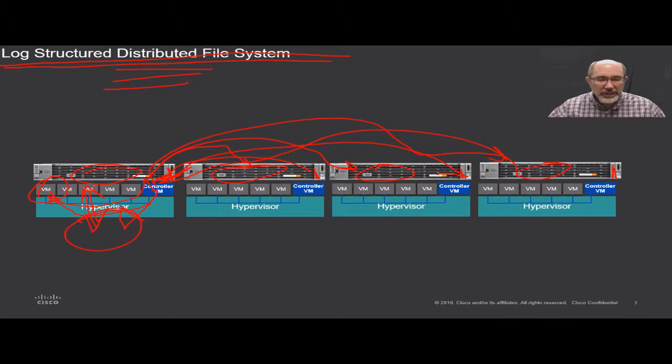So let's say this VM needs to be moved to another host for maintenance purposes or balancing purposes. Who knows why you might want to move it. But the whole idea of VMs in a modern system is to be able to take that virtualized server and move it wherever you need it to go.